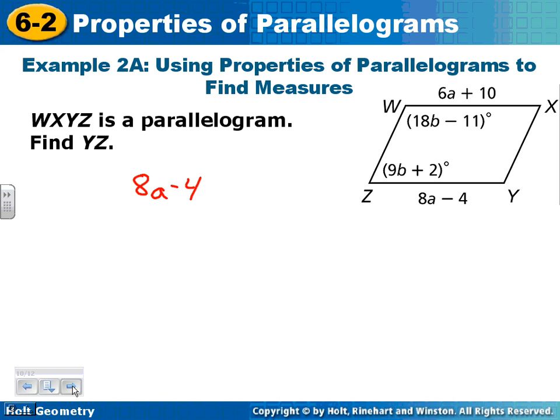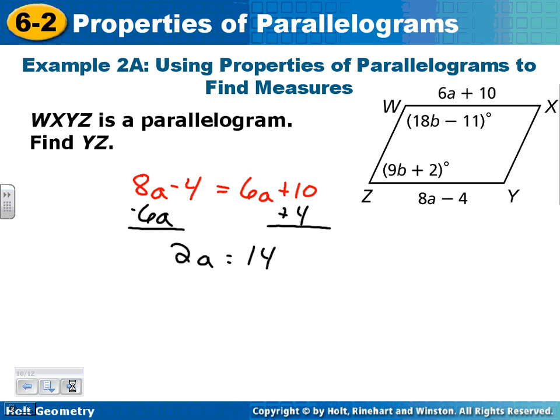And I know that would equal the top, 6a plus 10, because the top and the bottom are opposites, and in a parallelogram they're equal. So let's solve this. If I subtract 6a and add 4, that gives me 2a is 14, so a is 7.